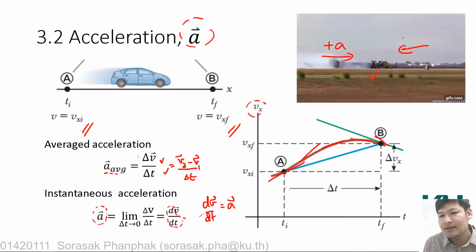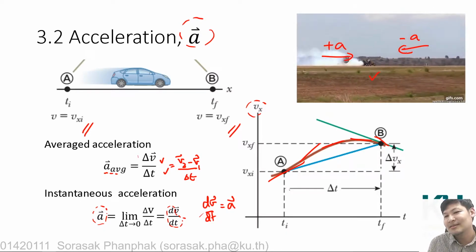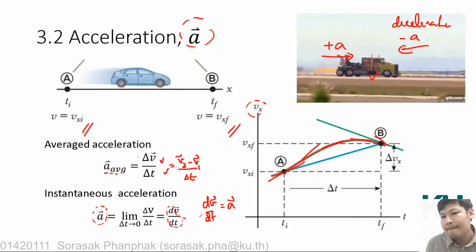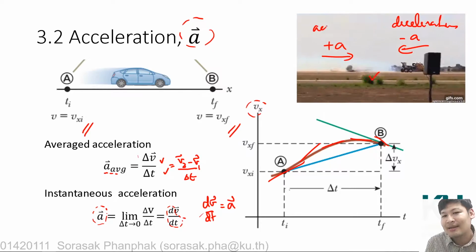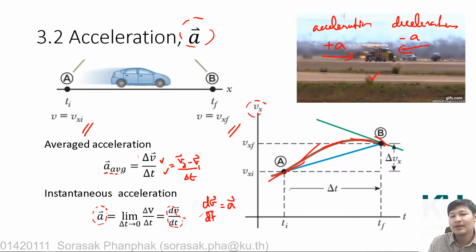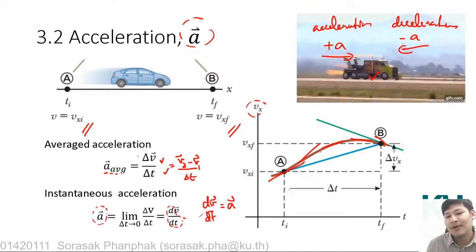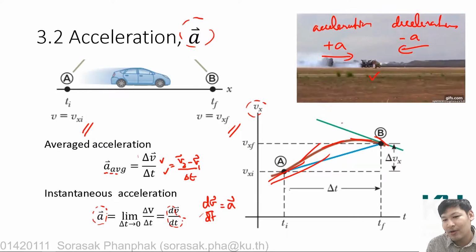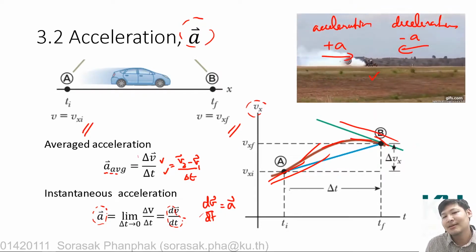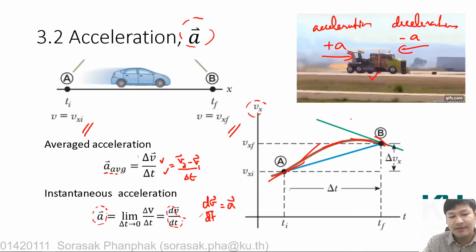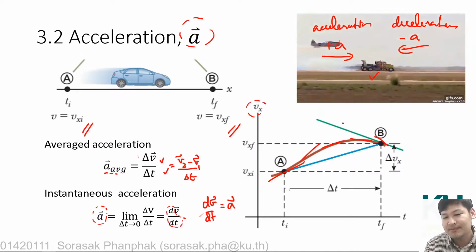So acceleration can be increased or decreased, due to acceleration or deceleration. Here, this is deceleration, and this is acceleration. It can happen whether it increases, which is acceleration, or decreases, which is deceleration. When I go down, this represents deceleration, and this part is acceleration.